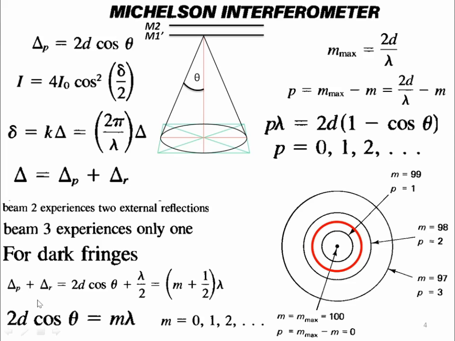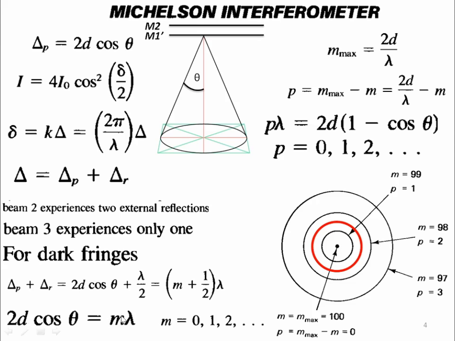So now we are changing d systematically. So what will happen? Theta is already fixed. So in this equation, theta is fixed, lambda is fixed. Now we are changing d. So what will have to change to adjust this change in d? This is m, which has to change.